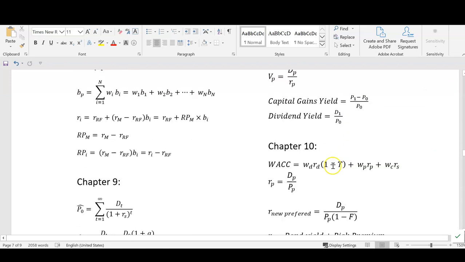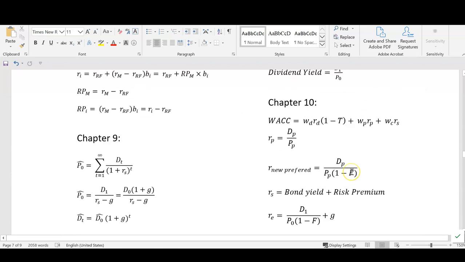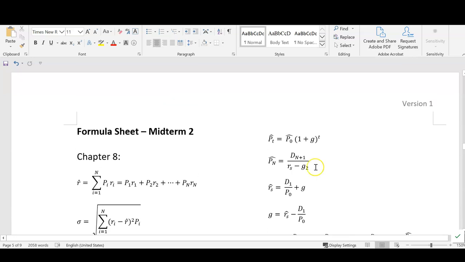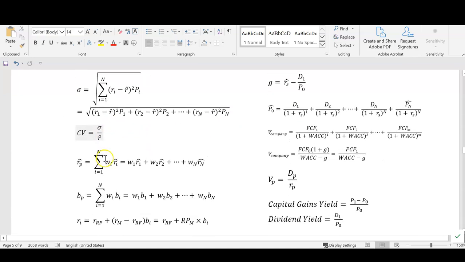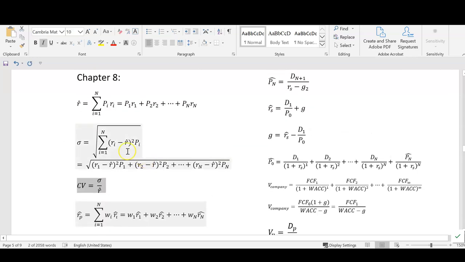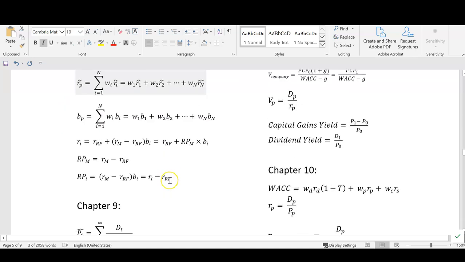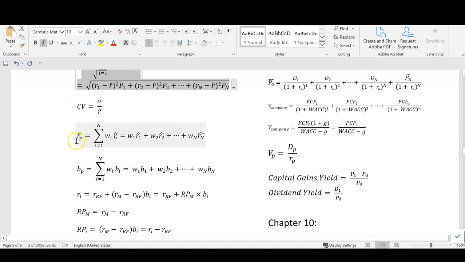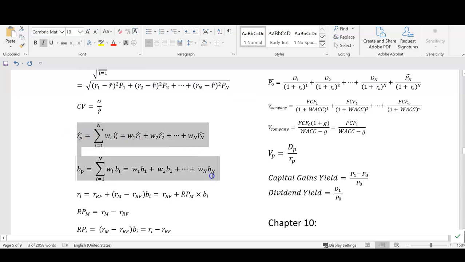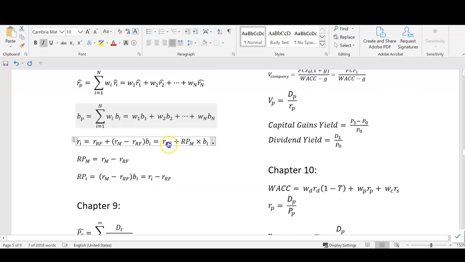Between the questions and answers, you can also see the formula sheet for midterm 2. You can see the CV formula here. You can see the expected return formula and the standard deviation formula we were just using. You can also see the portfolio return and beta formula, CAPM.